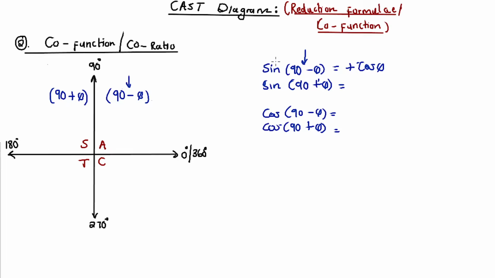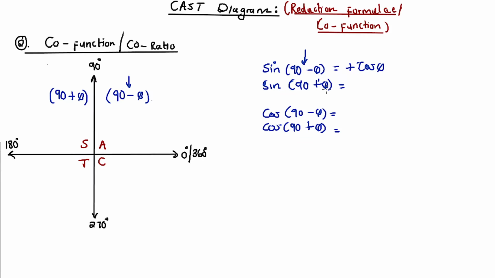We say that cos is the co-function of sine, or vice versa. Sine is the co-function of cos. If you have a co-function for sine, you should get a cos as your co-function.